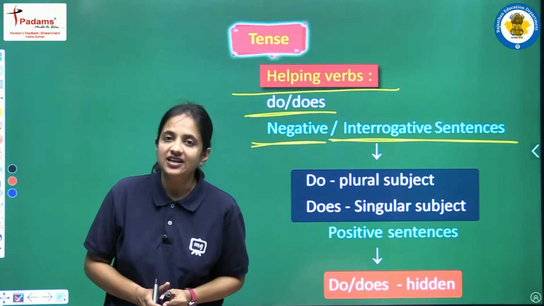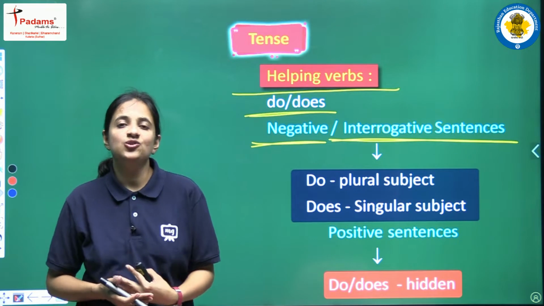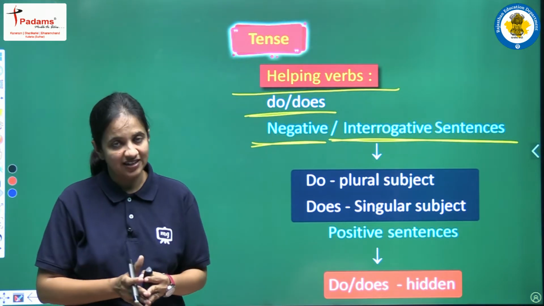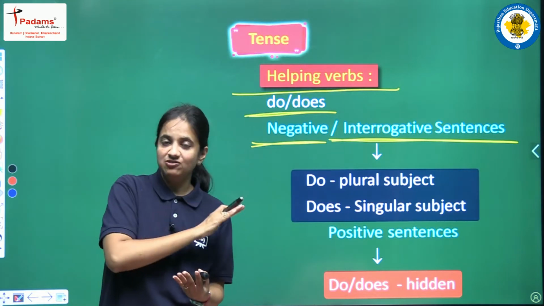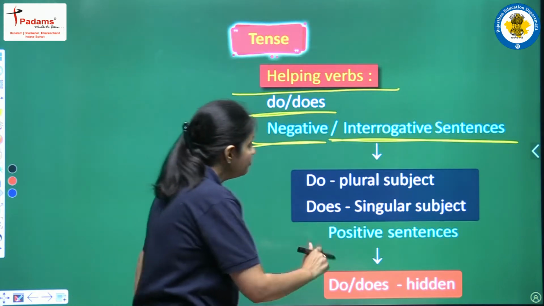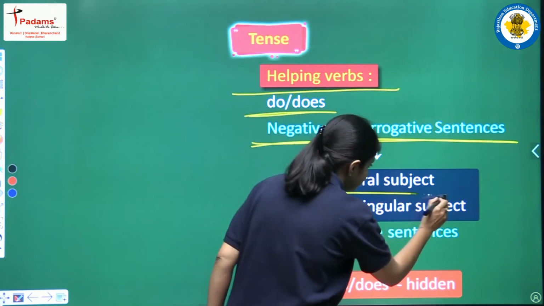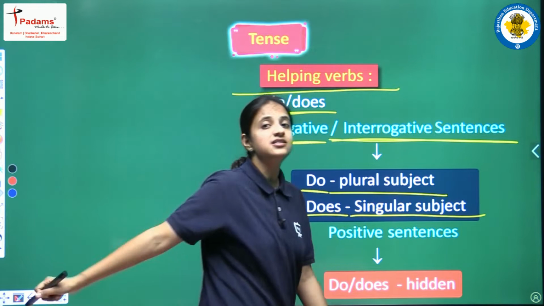And if any sentence has not in it, that sentence is written in negative form, then it is known as a negative sentence. So according to our rule, if our sentence is a negative sentence or an interrogative sentence, then we will use the helping verb do for plural subjects and does for singular subjects. Singular means the single one, right?